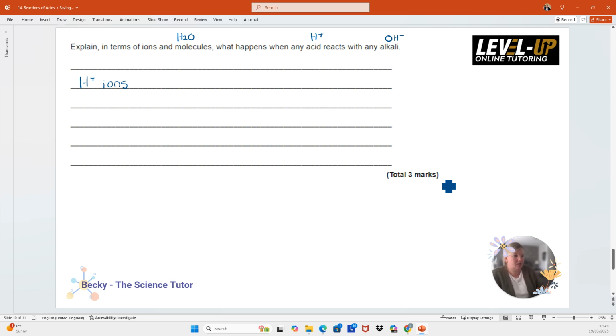H+ ions from an acid react with OH- ions from an alkali to form molecules of H2O. And that's our neutralisation part.